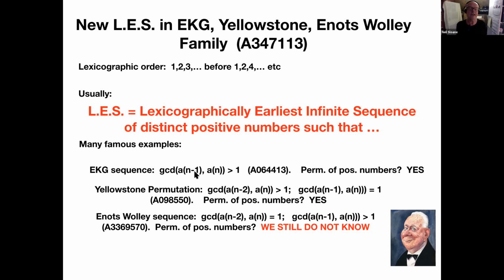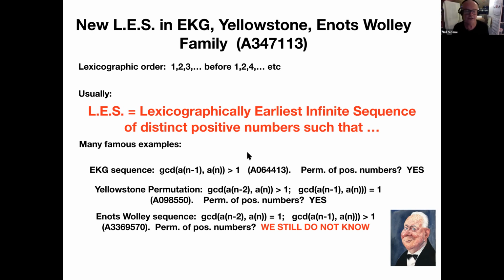You pick the nth term usually to be the smallest number that has a common factor with the previous term. That's sequence A64413, and it's pretty easy to prove that you get every number. The definition requires that the numbers are distinct, but there might be missing numbers.